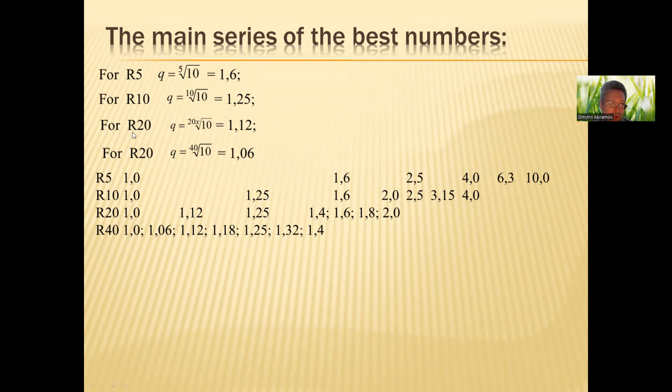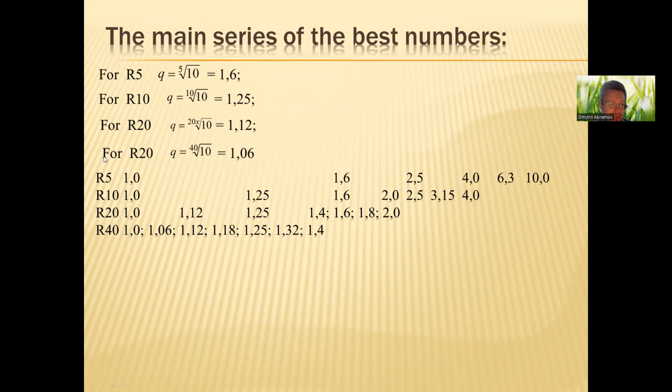Row R20: first item 1.0, Q is equal to 1.12, so the second item is 1.12. Then 1.12 multiplied by 1.12, we have 1.25. Then multiply by 1.12, and we have 1.4, and other items.